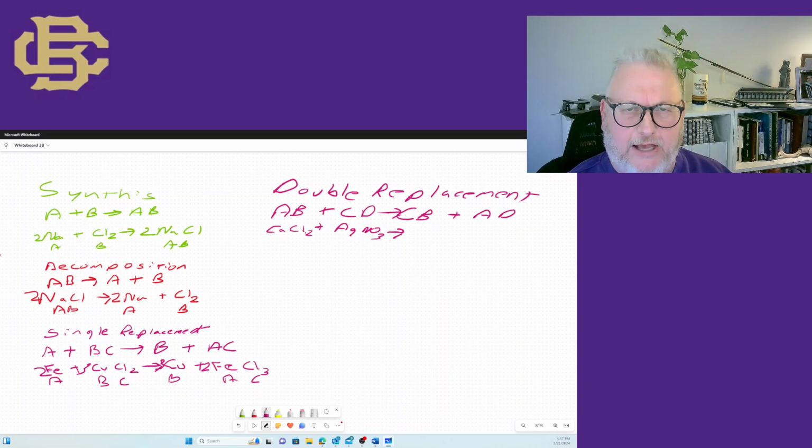Alright, so silver and calcium chat together, and of course these are aqueous, so let's put AQ in here. They're mixed with water, dissolved in water. That's what we mean by aqueous. The calcium and silver talk to each other.